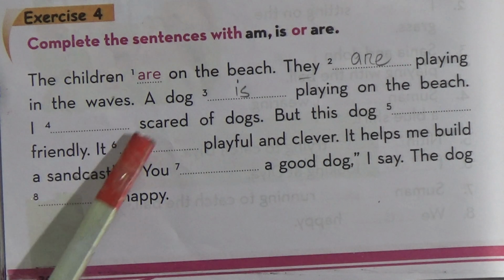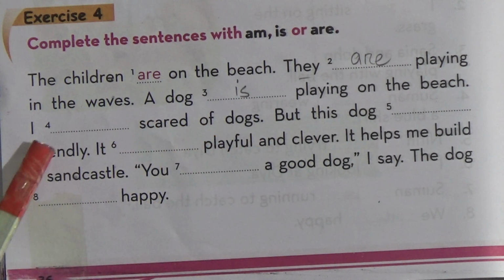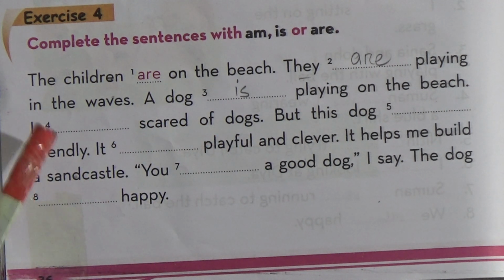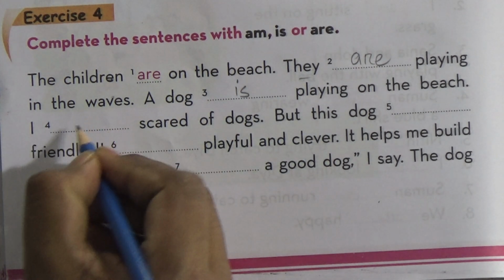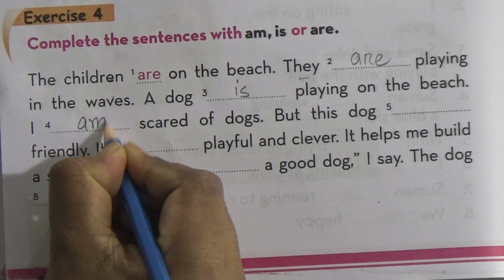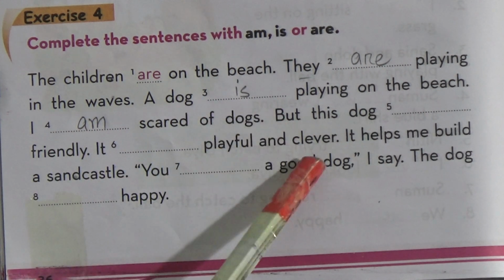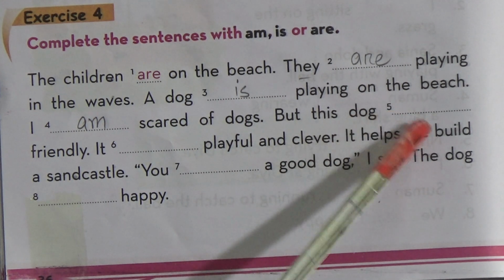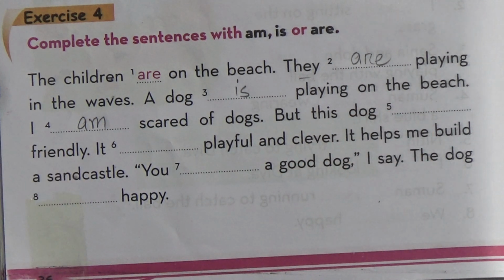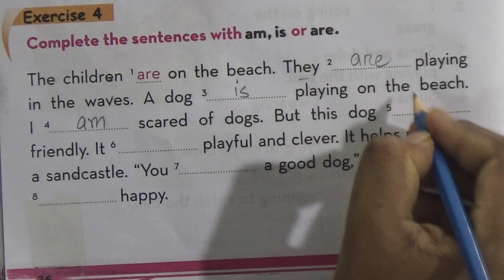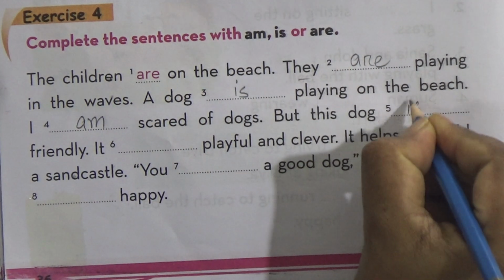I am scared of dogs. I, dear students, for the case of I I told you before that we have to use am. I am scared of dogs, but this dog is friendly. Dear students, this dog is singular, so we have to use is.